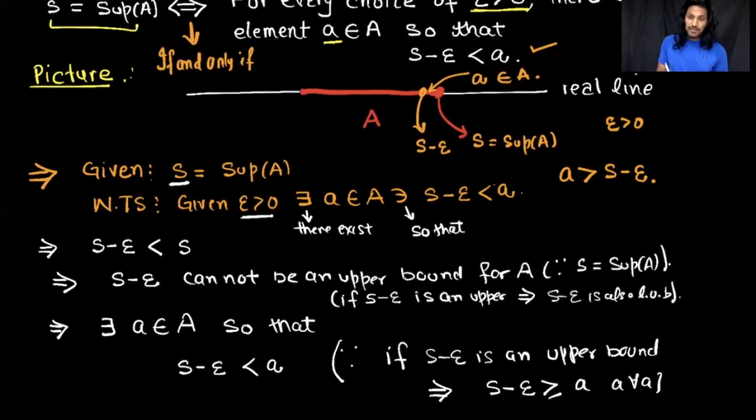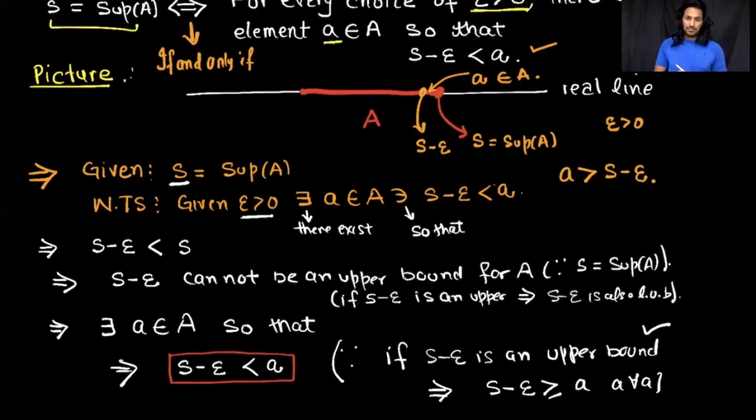And now this statement is the negation of that statement. If s minus epsilon is not an upper bound, it means there will be at least one element a so that s minus epsilon will be strictly less than a.